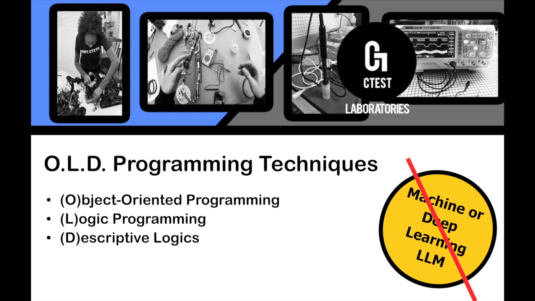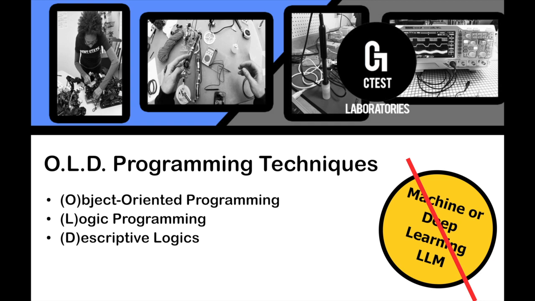We do use inductive logic programming and abductive logic programming, but the very hot and popular topic of machine learning and deep learning and large language models, we don't use any of that. There are no neural networks. And like I said, we use OLD programming techniques in the robots that we are programming, the robot architectures that we use.